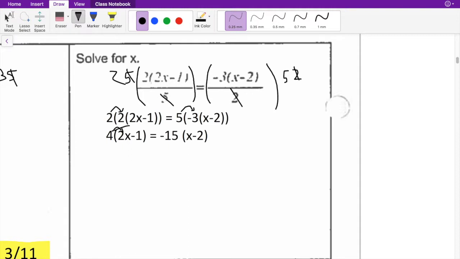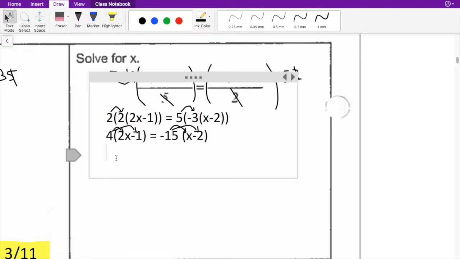Rainbow in, rainbow in. Okay. So that will give us 8x minus 4 equals, oops, negative 15x. Negative times the negative is going to be a positive 30.